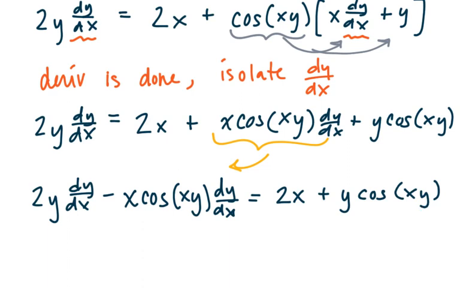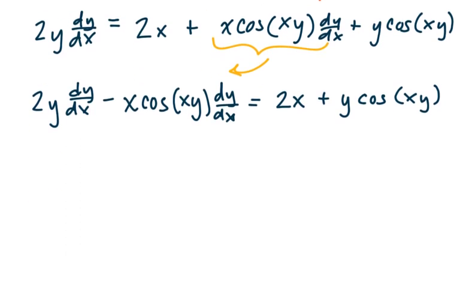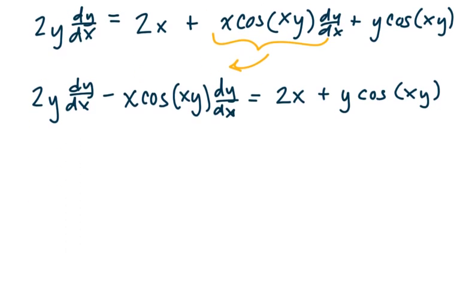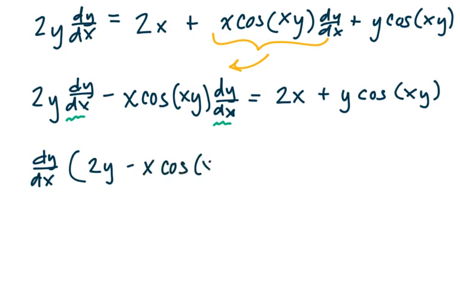So our second to the last step here is we're going to factor a GCF. And if you look now on the left, both of my terms have a dy dx. So I can pull that out as a GCF: dy dx times 2y minus x times the cosine of xy equals 2x plus y times the cosine of xy.